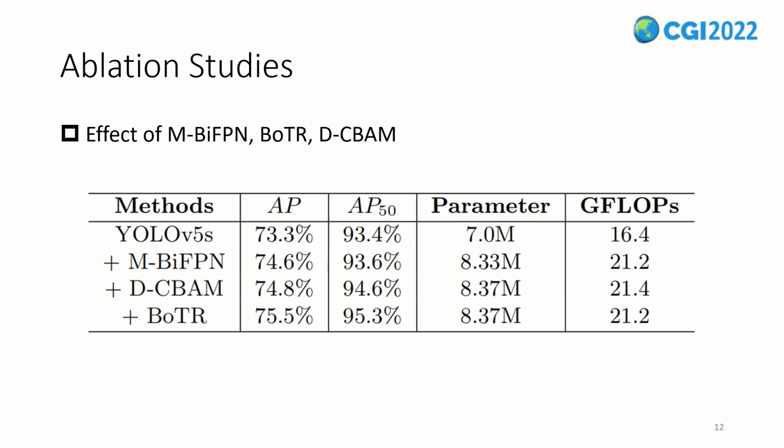In ablation studies, we designed a series of experiments on the test set to test the effectiveness of the added modules. The impact of each component is listed in the table. On the test dataset, the AP value of our model is 75.5%, which is better than YOLOv5 by 2.2%.